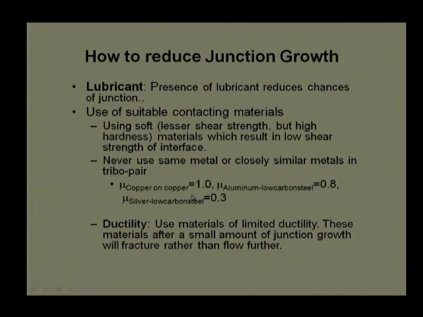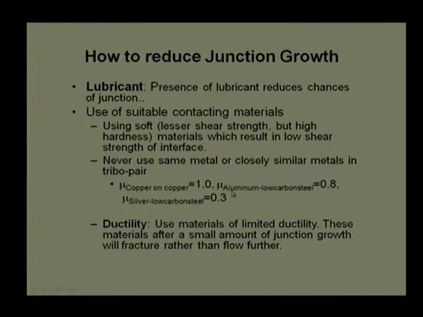The coefficient of friction is 1.0. The reason is that if the material pair is not oxidized and they are virgin materials, they will form a cold junction when they come into contact. Under shear force, the junction will grow, and finally a limiting shear strength will come, which is by and large equal to the shear strength of bulk copper itself.